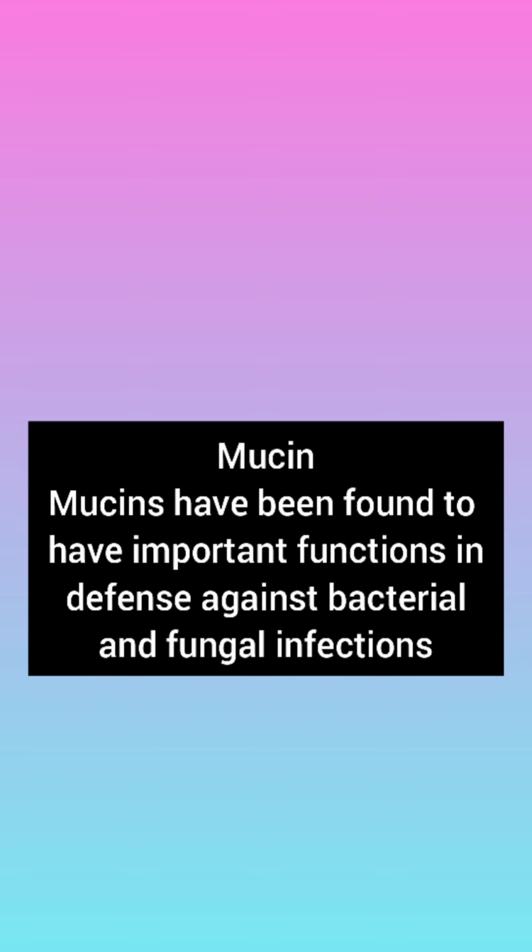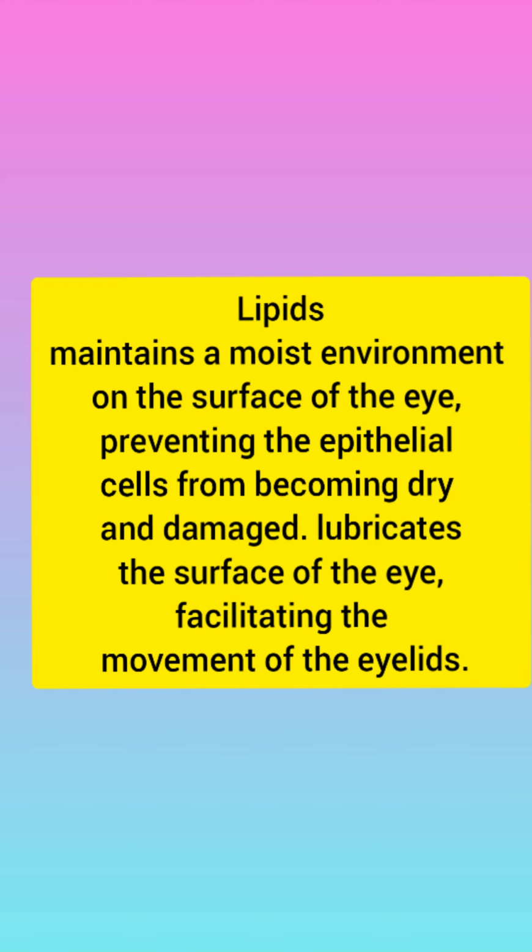There are a lot of chemical compositions in tears, but I will only share 3 in detail, which are mucin, lipids, and also lysozyme. First, mucin. Mucins have been found to have important functions in defense against bacterial and fungal infections. Second, lipids.